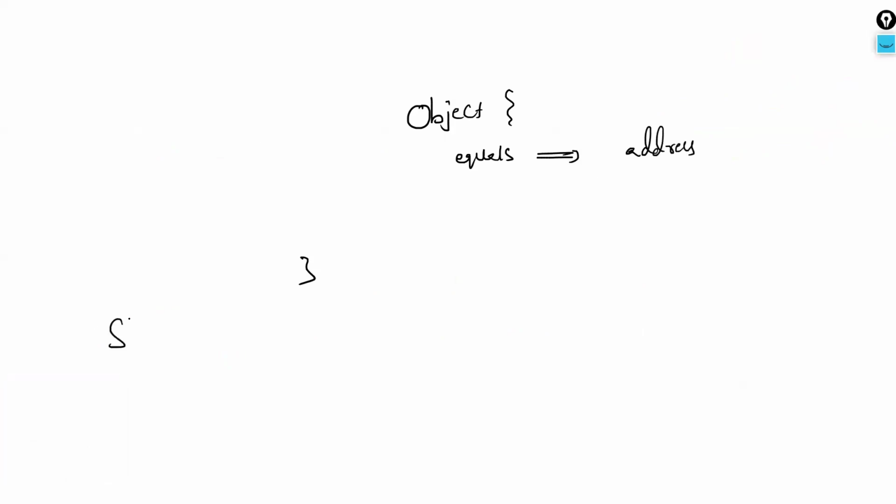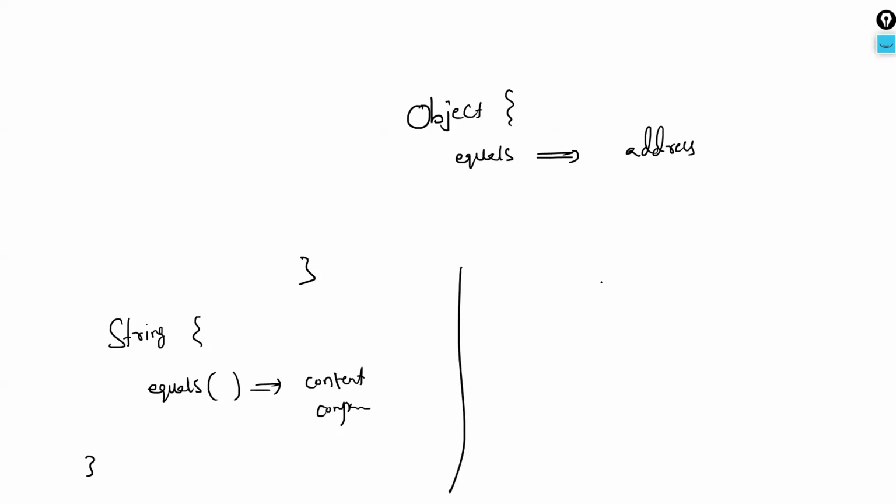But in the String class, the same equals method will do what? Content comparison. So here is the address comparison. The same thing in the StringBuilder class: the same equals method, what's the job of it? It will again compare the address only.